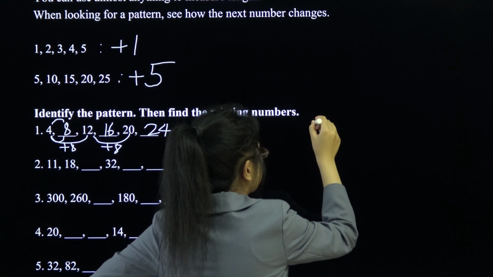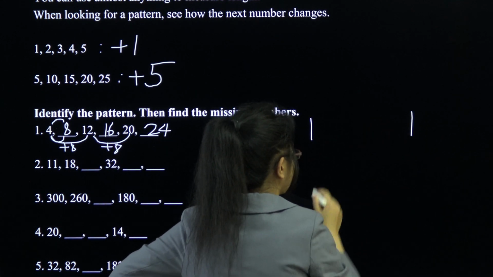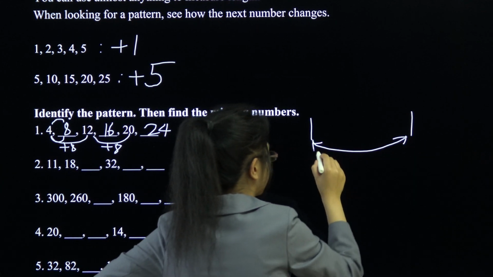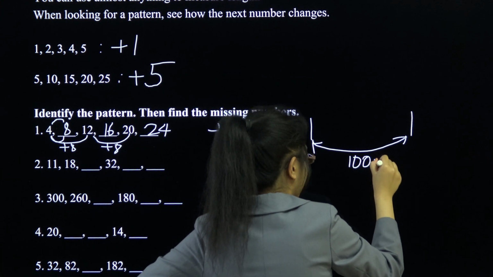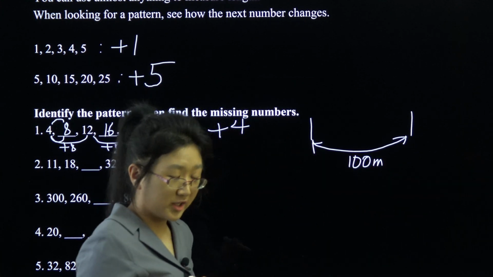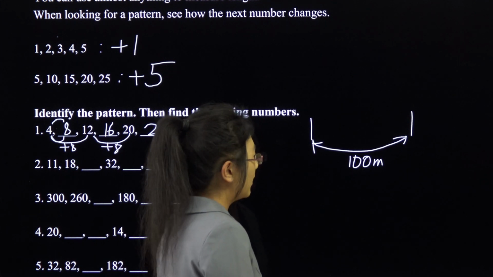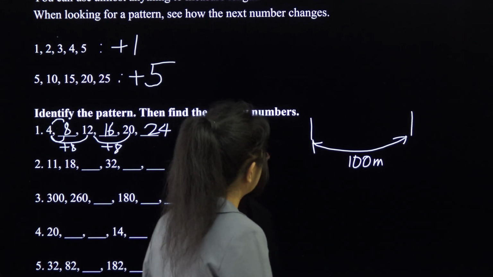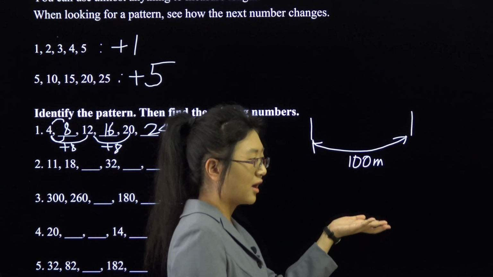So think of it this way. You have a fence, and the distance between the two fence posts is 100 meters. I know that's not how fences work, usually at least. This hypothetical, imaginary fence is supposed to have posts 100 meters away from each other.